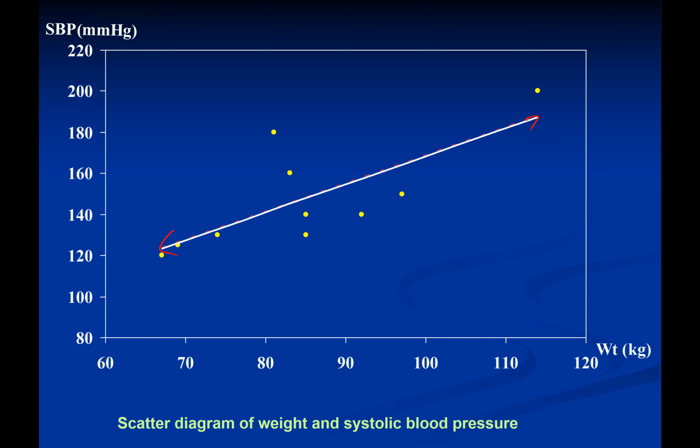Eventually we come up with the best fitting line, which describes the relationship between those two variables. Now we're going to have a formula to calculate the slope and the y-intercept of the best fitting line. So for the best fitting line, the predicted y value equals b0 plus b1 times x.